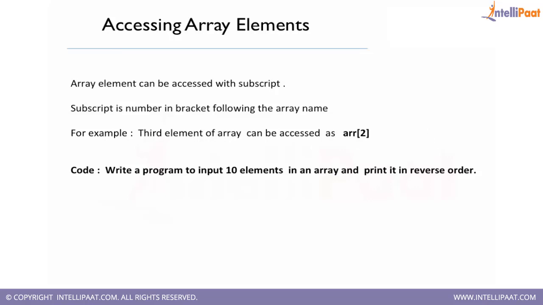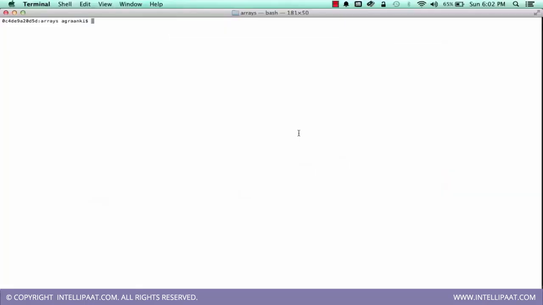Let's do some practical session. Here I am using the Linux vi editor, vim. Let me give my file name as array1.c. Let's start with putting some documentation: program to input an array and print it in reverse order.